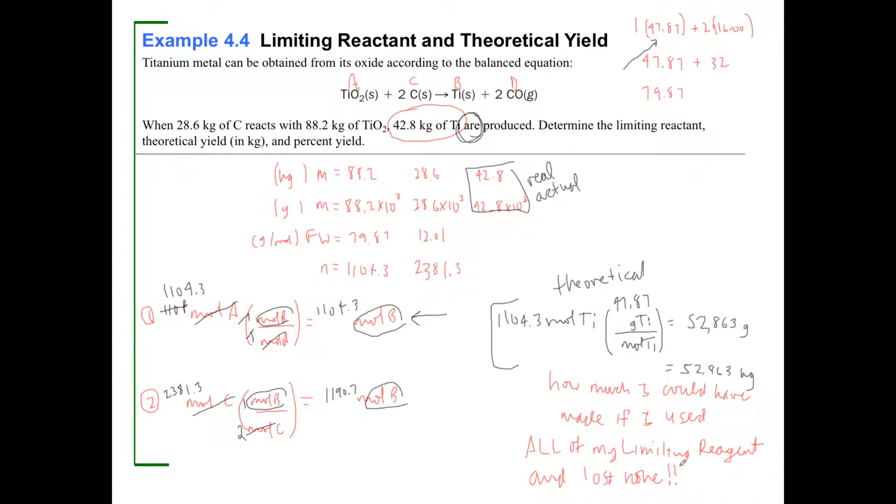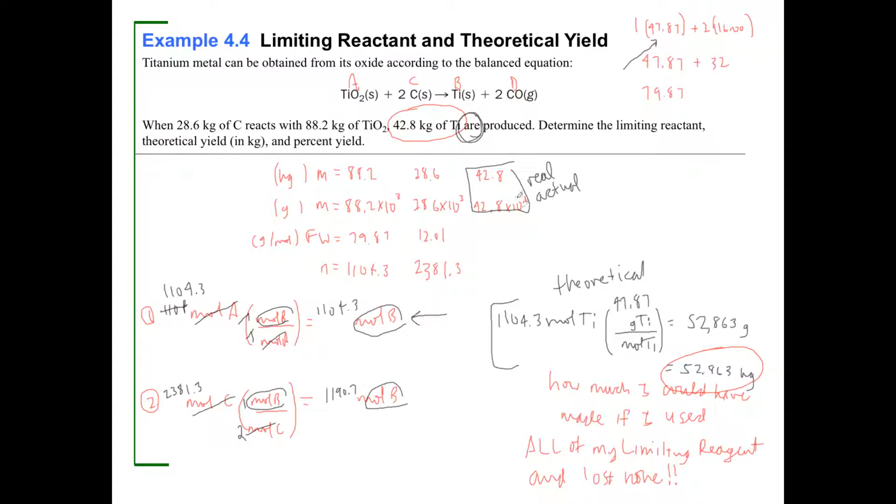That's what theoretical is. It's how much you could make if you use all of your limiting reagent. You lose none. You have no loss in the process. Okay, but apparently I do have some loss in the process.